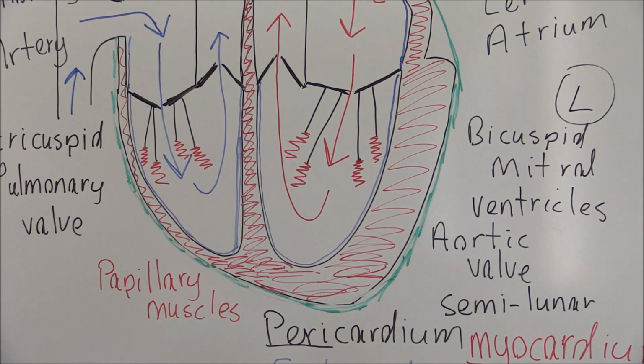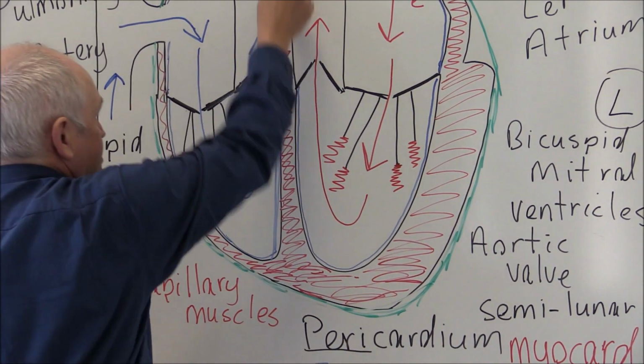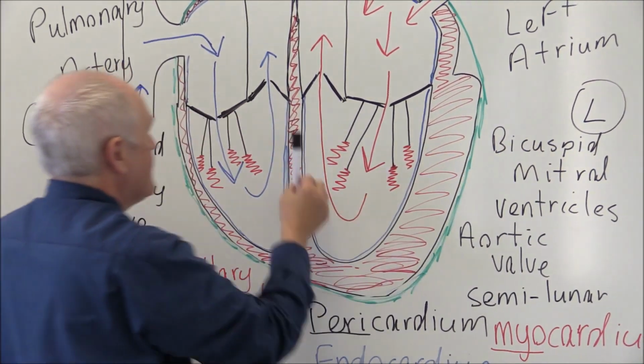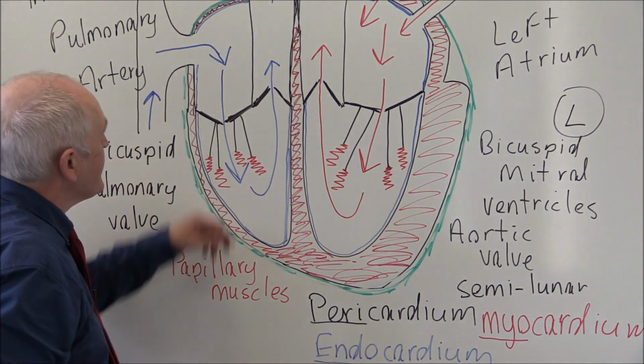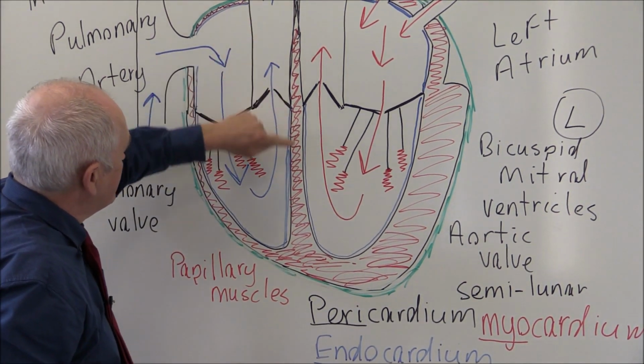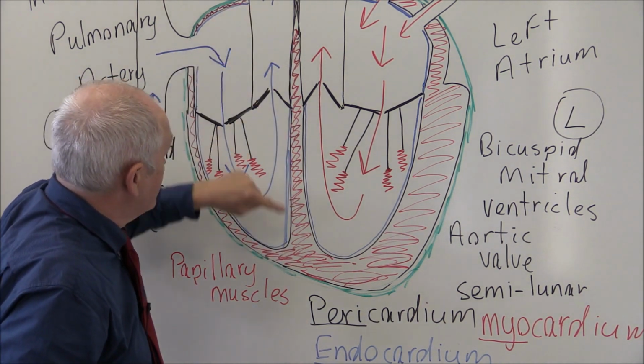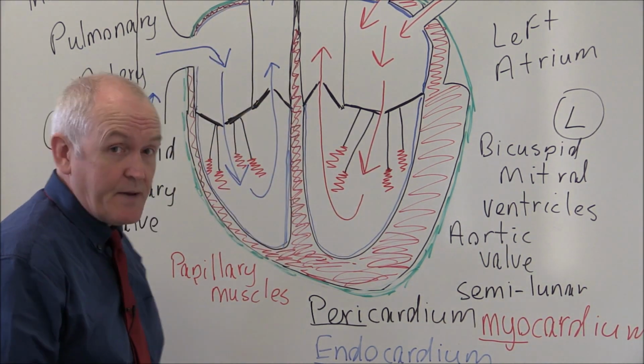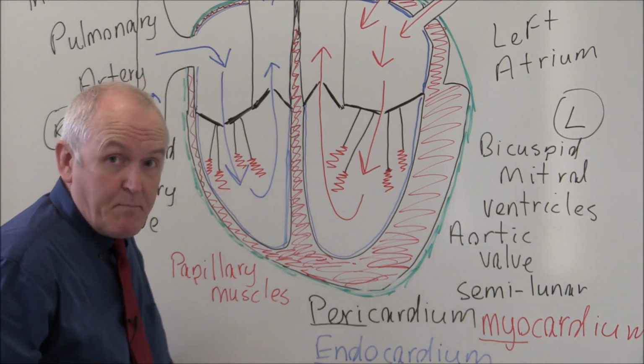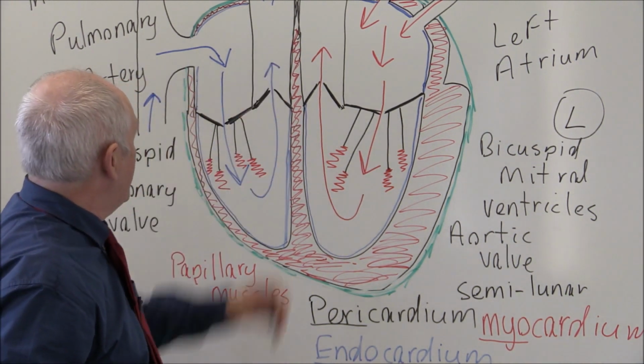So what we see is that the heart is in two sides, the left side and the right side. And this structure separating the two sides, now, a structure in anatomy which separates is called a septum. And of course, this is the heart.